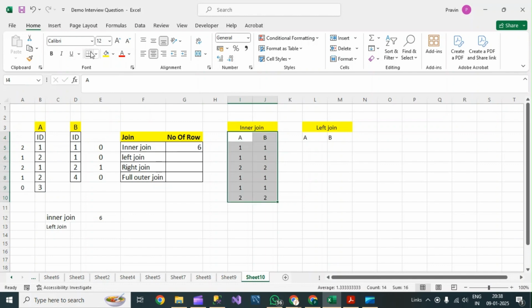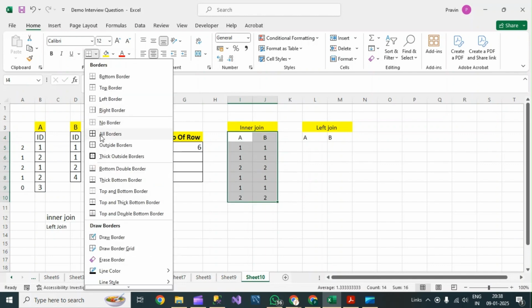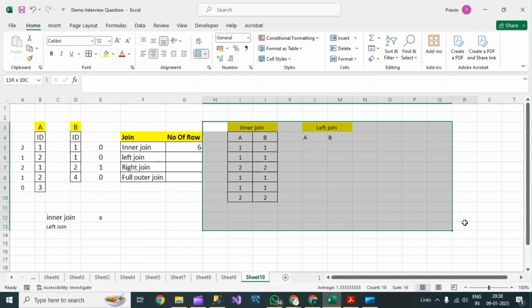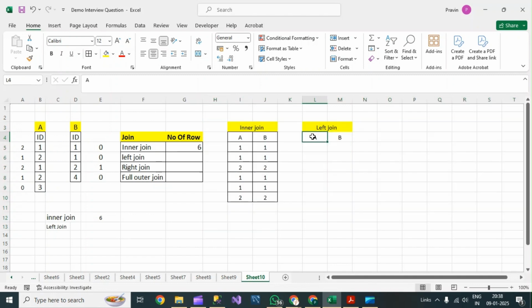So this is the output for the inner join. Now whenever we perform the left join, for all the data from the left side table, the first row will be 1 into 1, because this one matches with this one, and then this one matches with that one, so again 1 into 1.